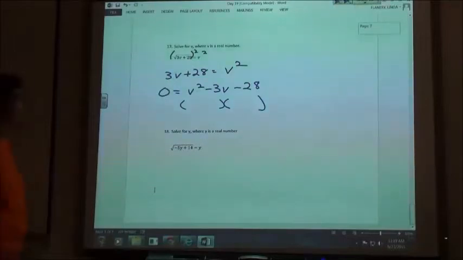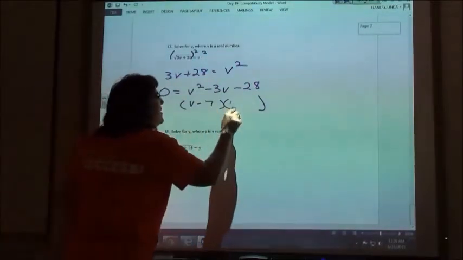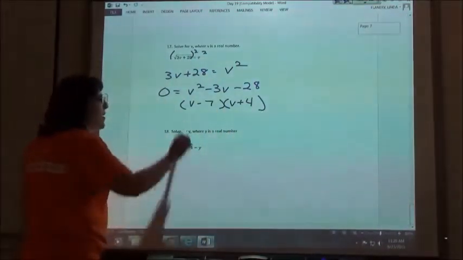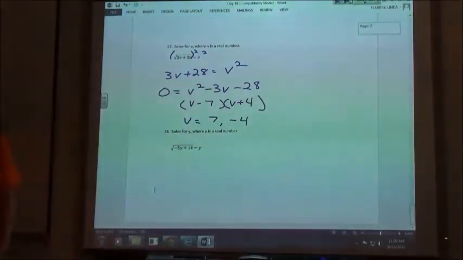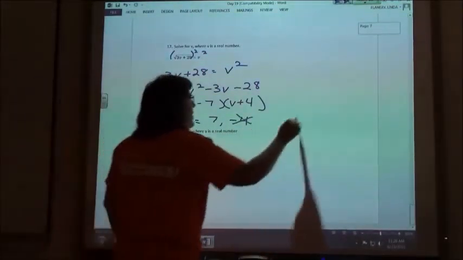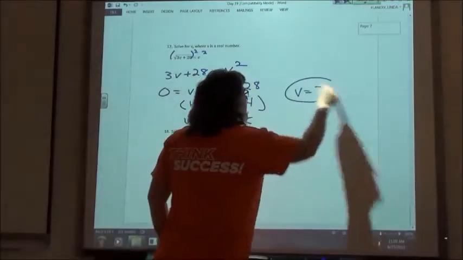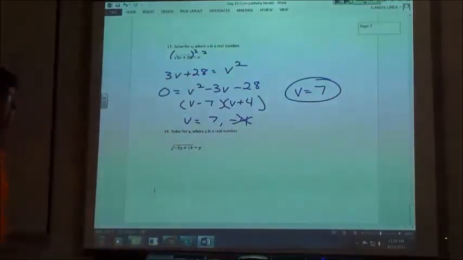V minus 7 and v plus 4. So my possible answers would be positive 7 and negative 4. However, we know which one doesn't check? Negative 4. And so v equals 7 is going to be my answer.